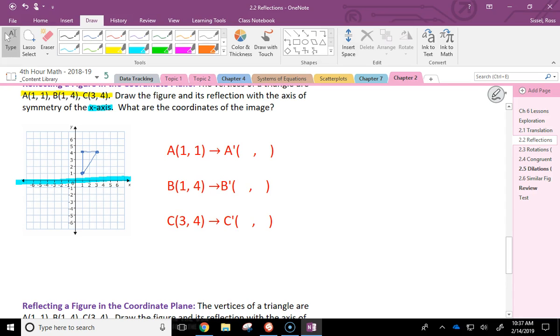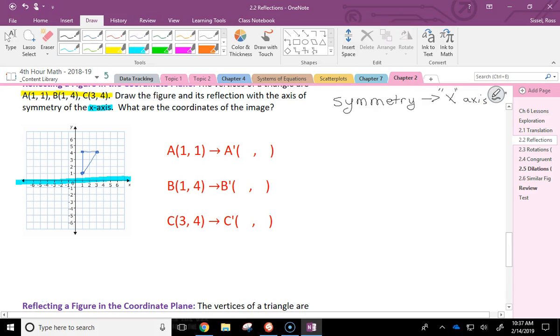With my, if I'm going to say my symmetry is the x-axis, this is going to be key.